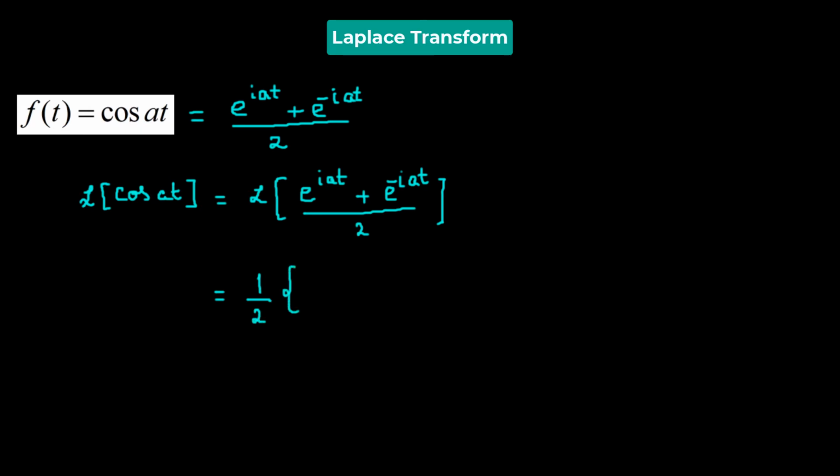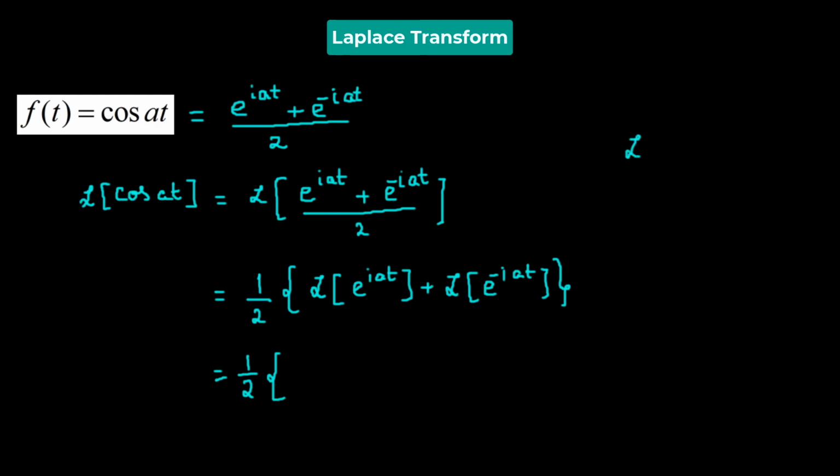This will be multiplied to the Laplace transform of e raised to the power of iat plus the Laplace transform of e raised to the power of negative iat, which will be equal to half times the Laplace transform of e raised to the power of iat.